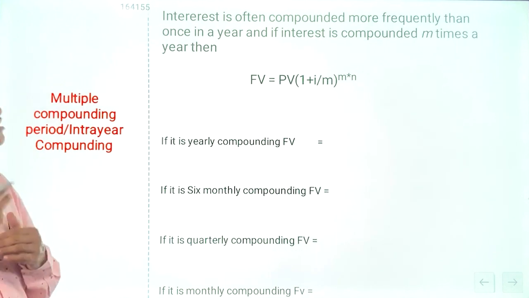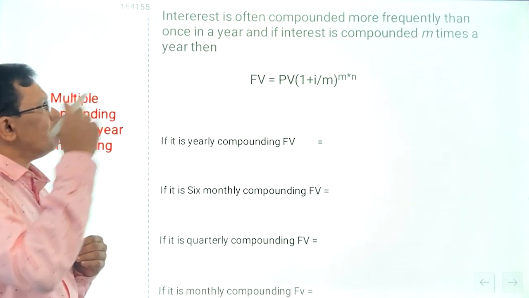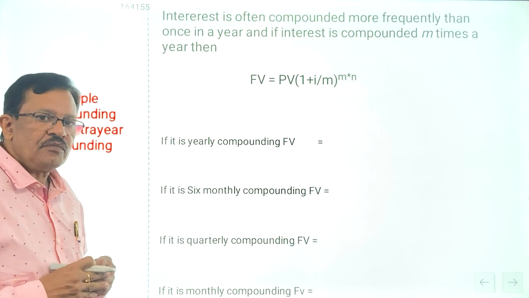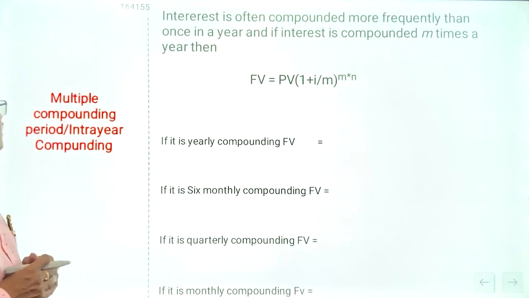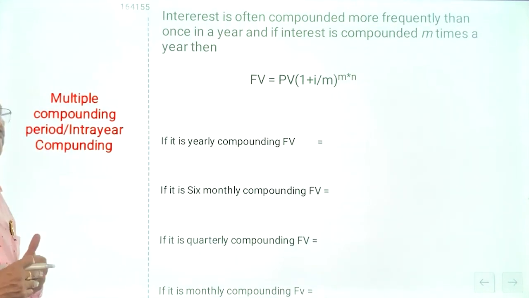When the interest is often compounded more than once in a year, and if interest is compounded m times in a year, then we call it multiple compounding period or intra-year compounding.